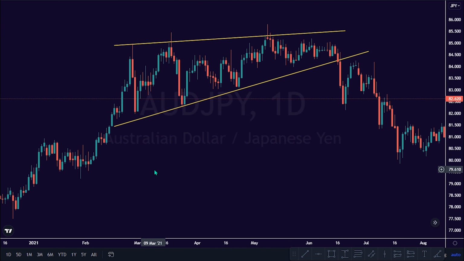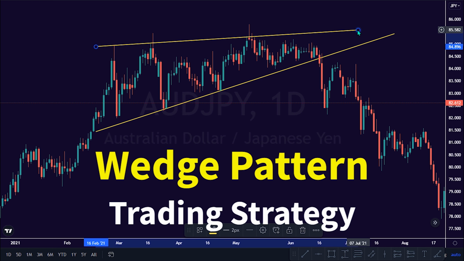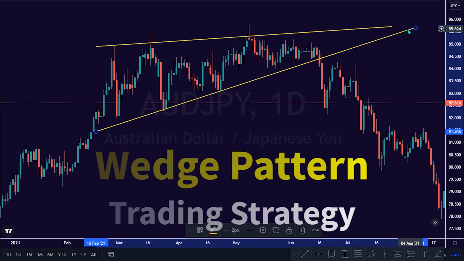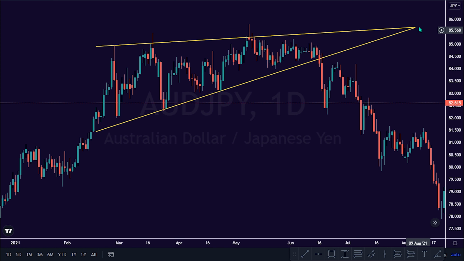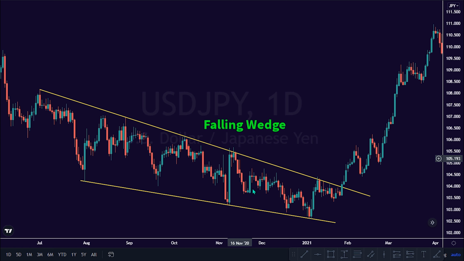The next long-term pattern on our list is the wedge chart pattern. A wedge chart is a chart pattern that has two converging trend lines on a price chart meeting at a point called an apex. A wedge pattern can exist as a rising wedge or falling wedge.